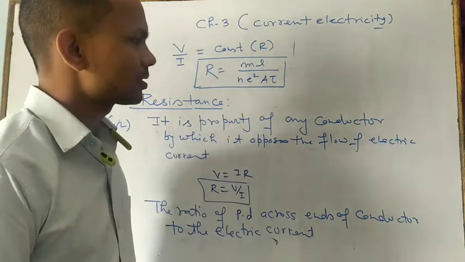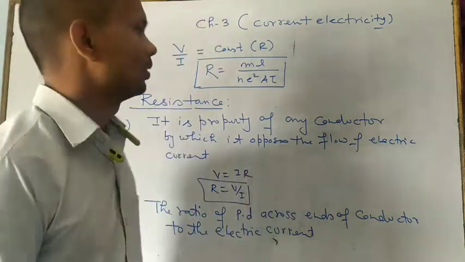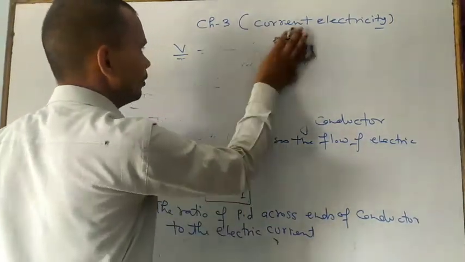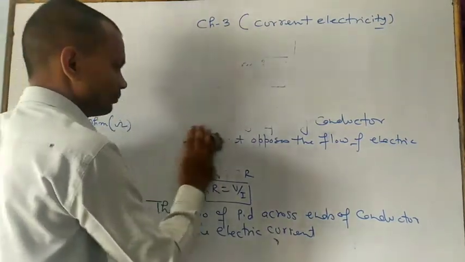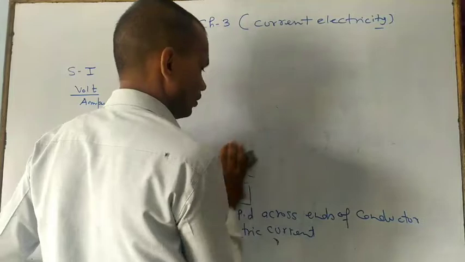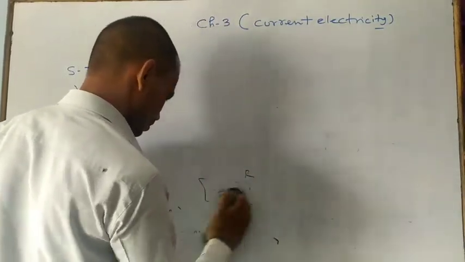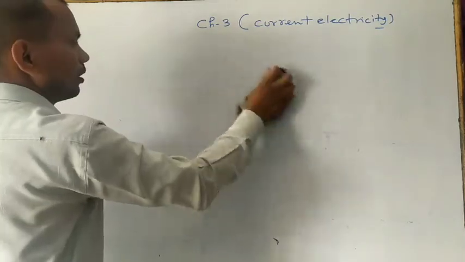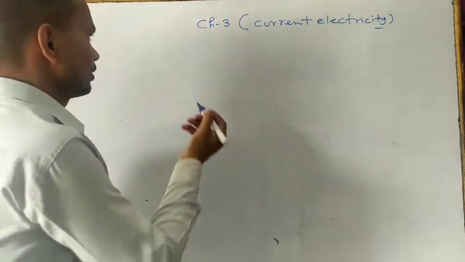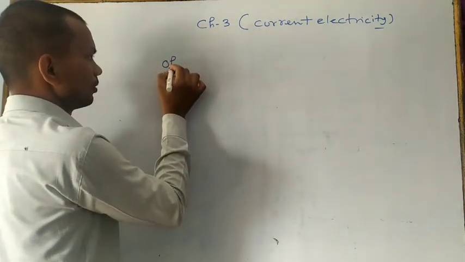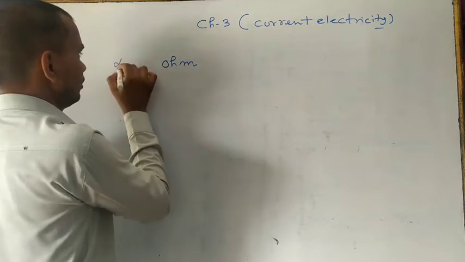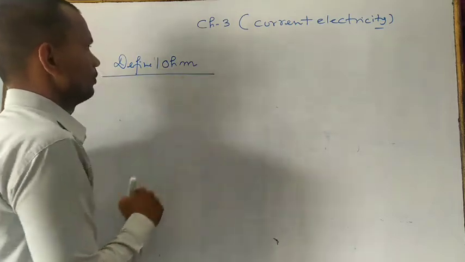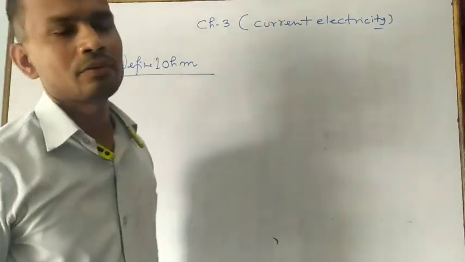Now we are going to discuss the meaning of 1 ohm of resistance of a conductor. How can you define 1 ohm?